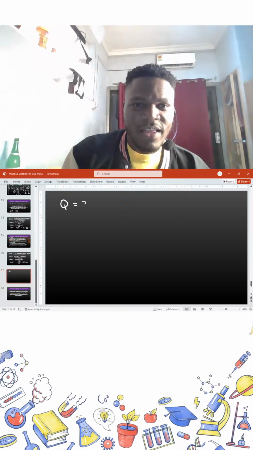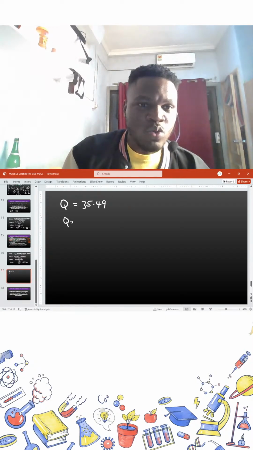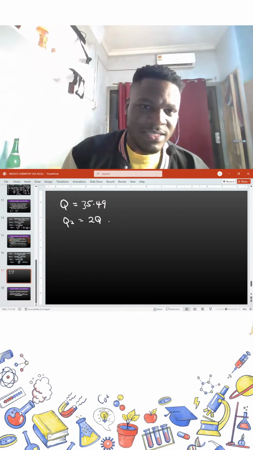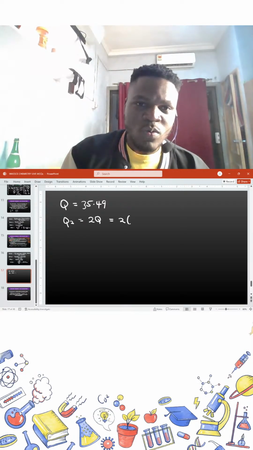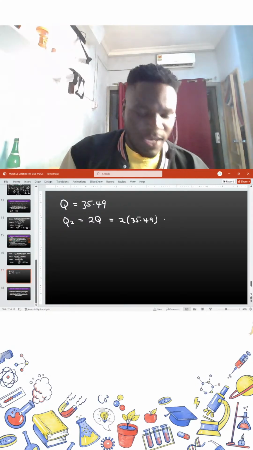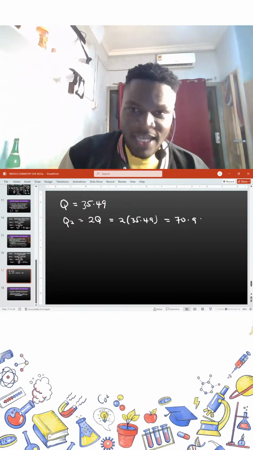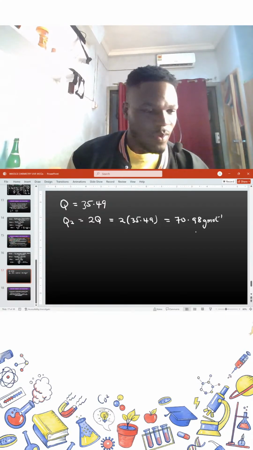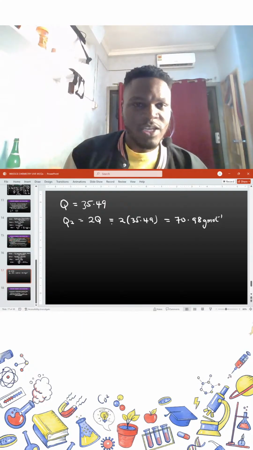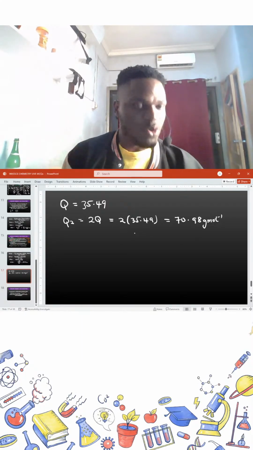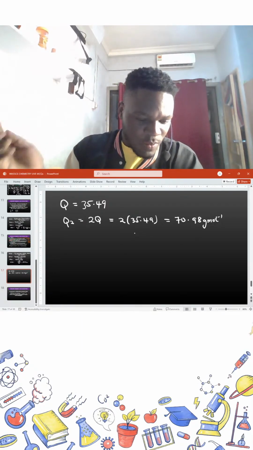So for Q2, it means we have 2 of Q present, and that will be equal to 2 multiplied by 35.49, which is 70.98 gram per mole. Okay, that is the molar mass of Q2. Are we okay?